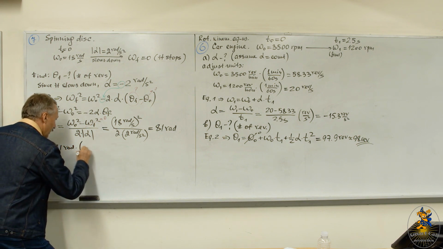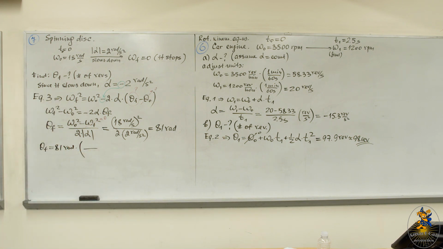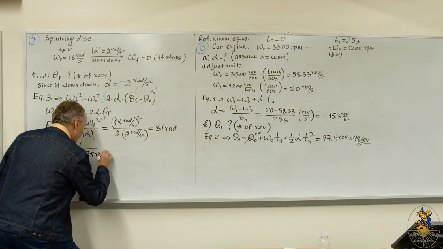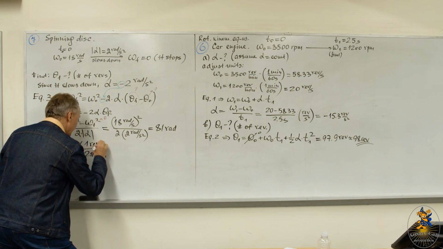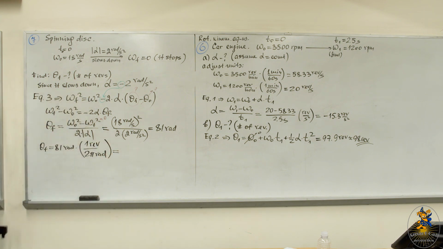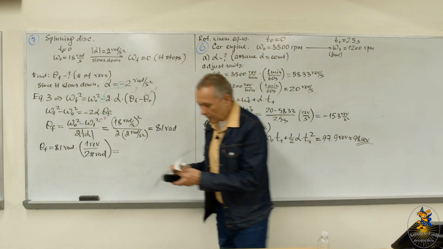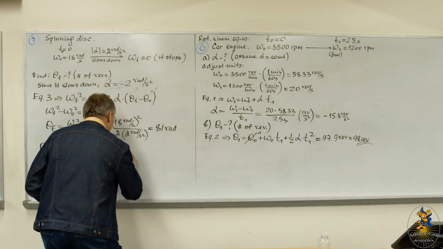So we need to get rid of radians. We need to remember that 1 revolution is 2 pi radians. So radians must be downstairs in the denominator. 2 pi rads is 1 rev. What's the answer? 13.5 revolutions.